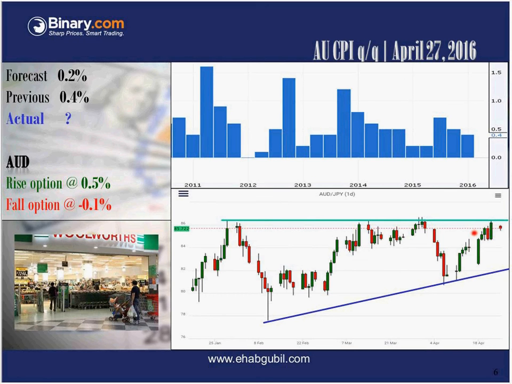And the market usually respects these lines, the resistance and support levels. So if this happened, we will wait. If it breaks the resistance levels upwards, we will make rise option.